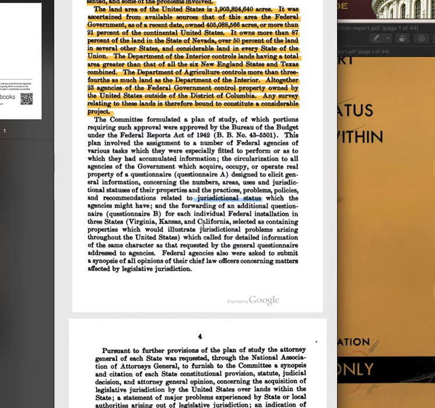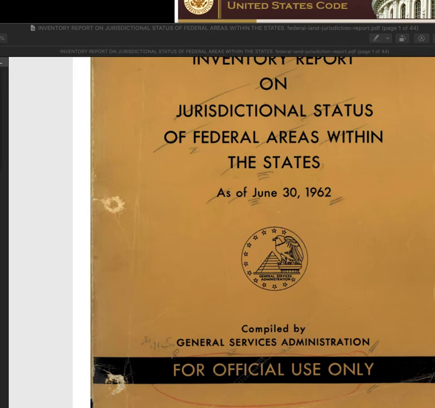And in my opinion, any other jurisdiction besides exclusive to the states and for defense, on lands purchased for defense purposes, is outside the Constitution. It means it's a contract between the federal government and the state outside the Constitution.